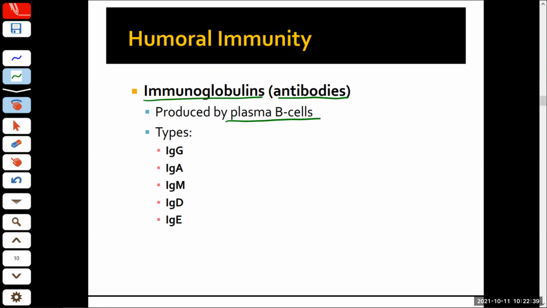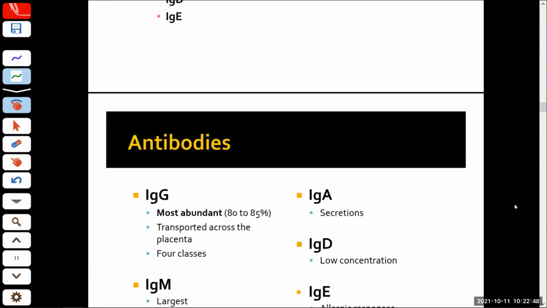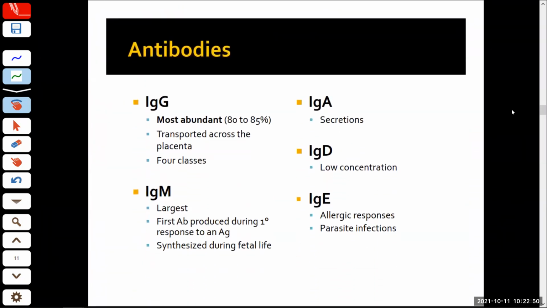So immunoglobulins, also known as antibodies, made by your B plasma cells. These are the immunoglobulins you need to worry about. For each immunoglobulin, you need to know one or two things, nothing too crazy.